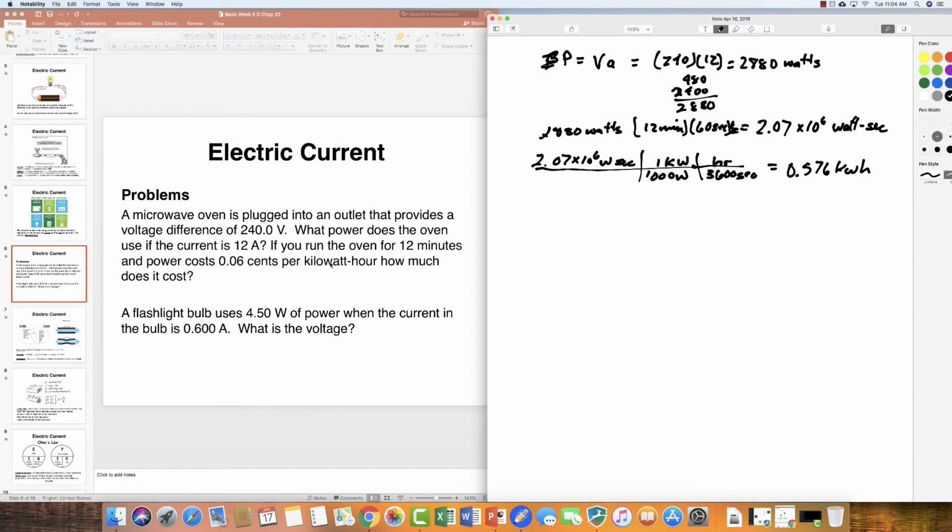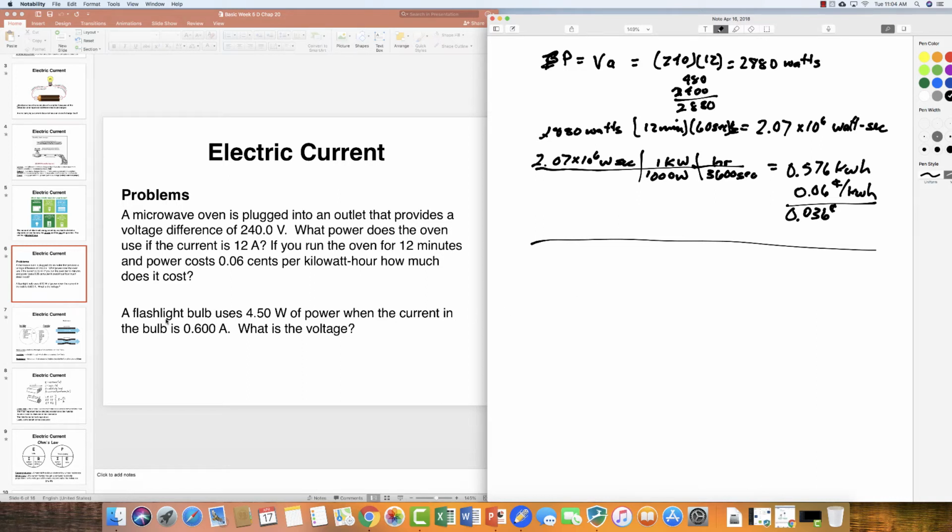And it says that a kilowatt hour costs 6 cents, so if we multiply that by 6 cents per kilowatt hour, operating this microwave for 12 minutes costs about 3.6 cents.